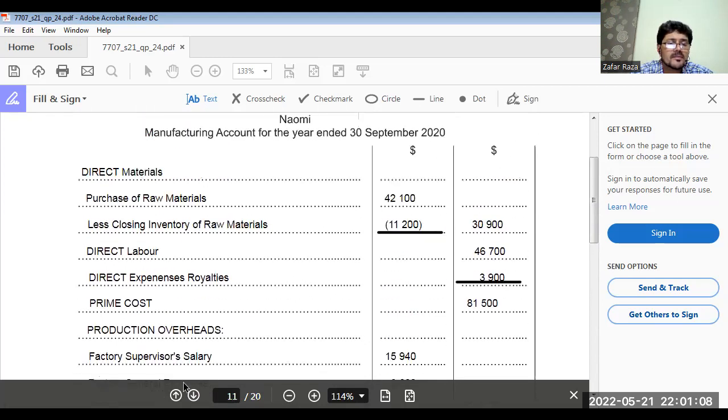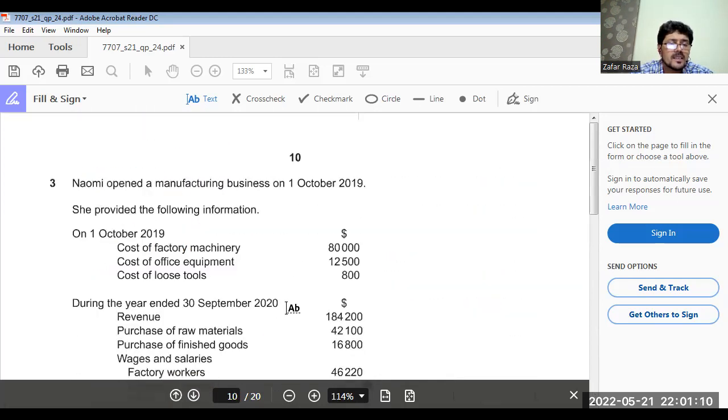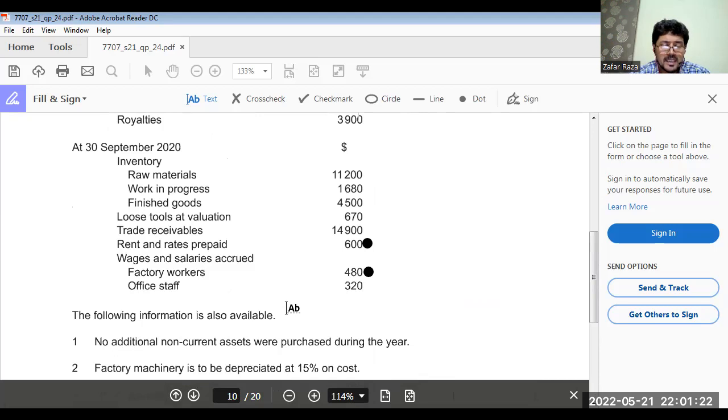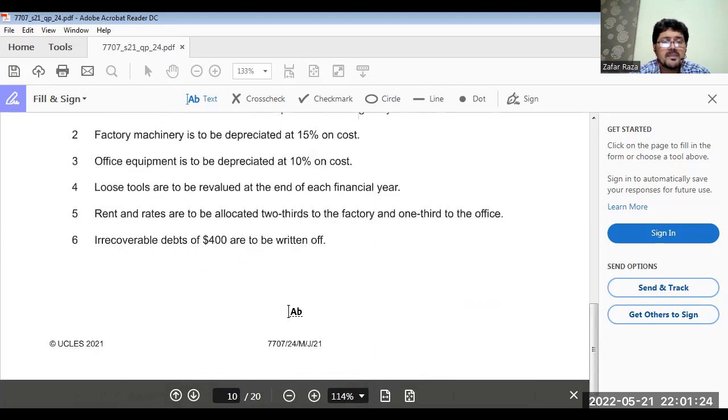Now, rent and rates 8,400 minus prepaid 600, that is 7,800, and we have to take how much? 2/3 to the factory.